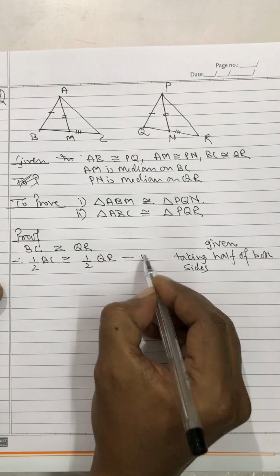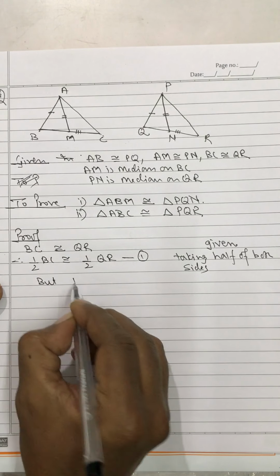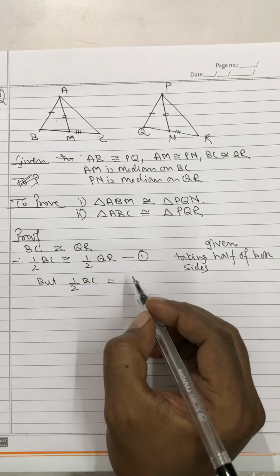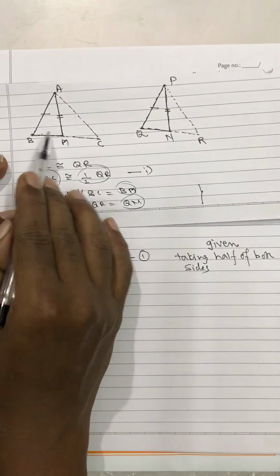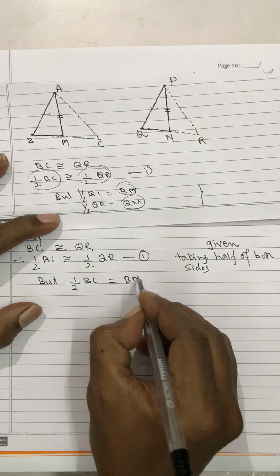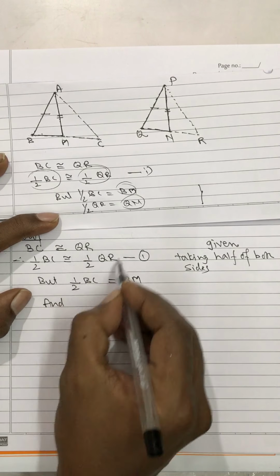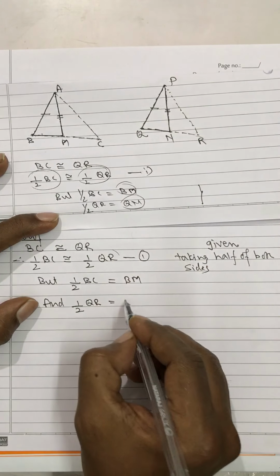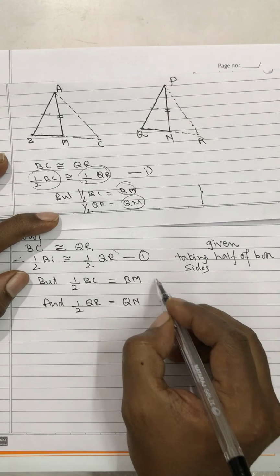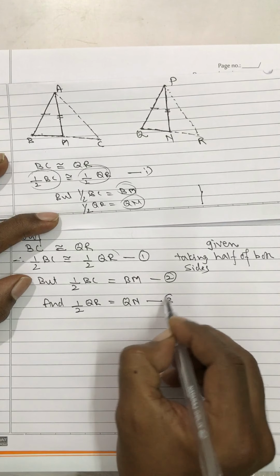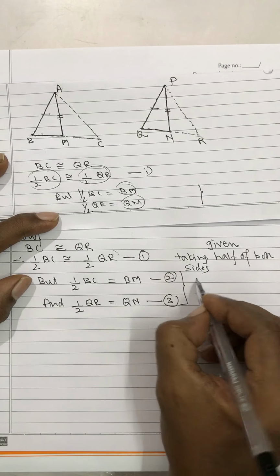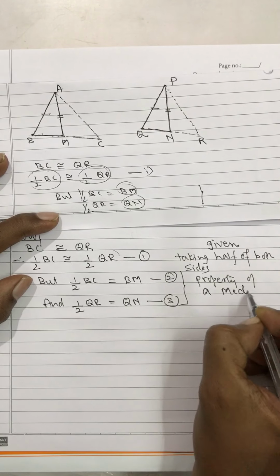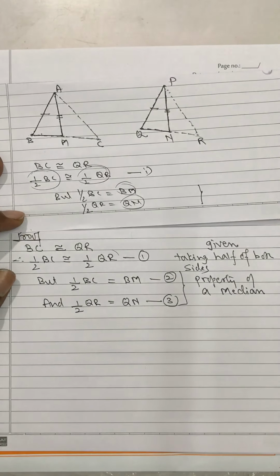Now this is my first point, but half of BC is equal to BM, and half of QR is equal to QN. The reason for both is property of a median. This is second, this is third.